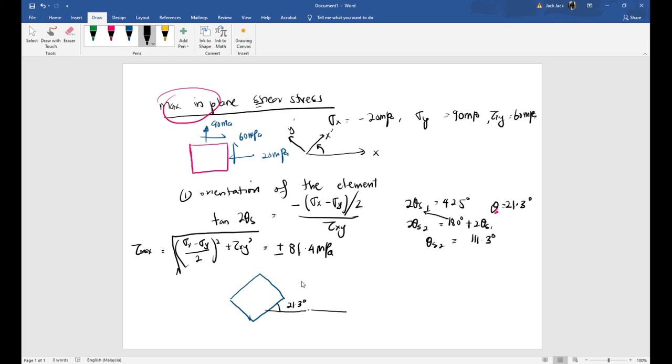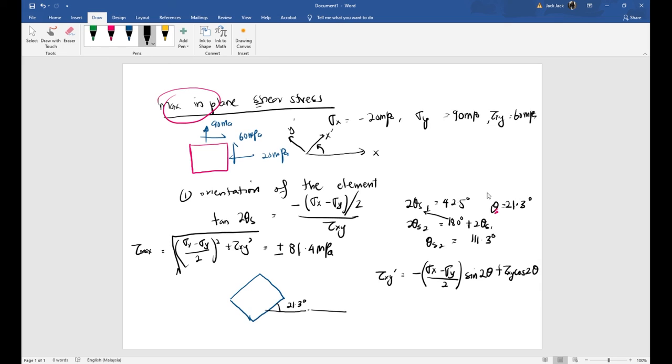So we need to check. How can we check? We can use this equation. Recall our very first equation for tau x'y', which is equal to minus (sigma x minus sigma y) divided by 2 times sine 2 theta, plus tau xy cosine 2 theta.